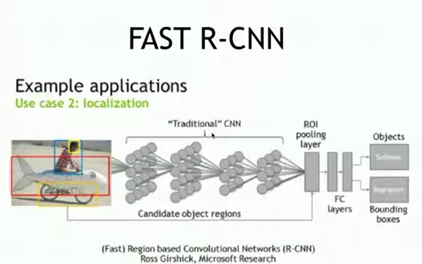Here is how Fast RCNN works. For this picture we have a man riding a bike, so we have to detect the man and the bike and localize them in this image.